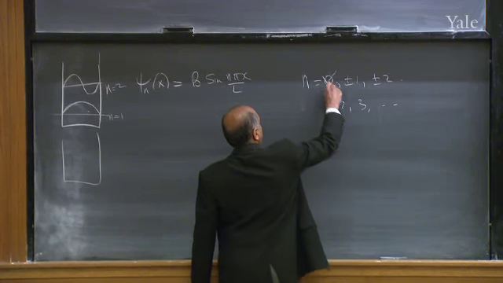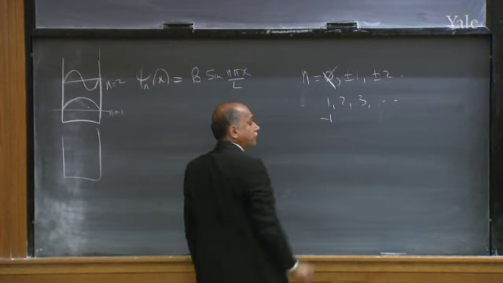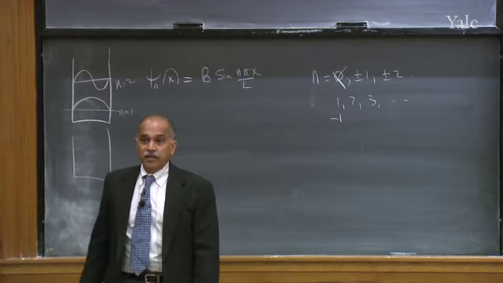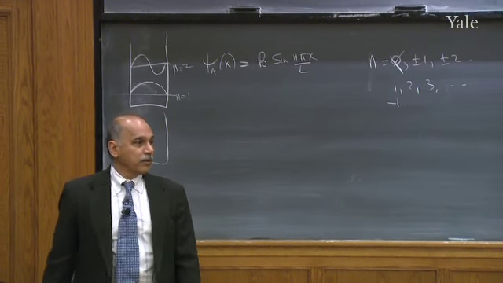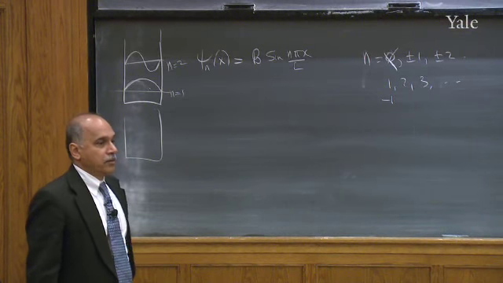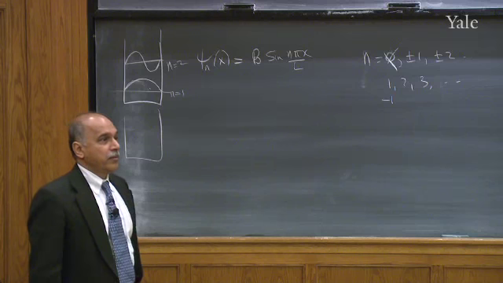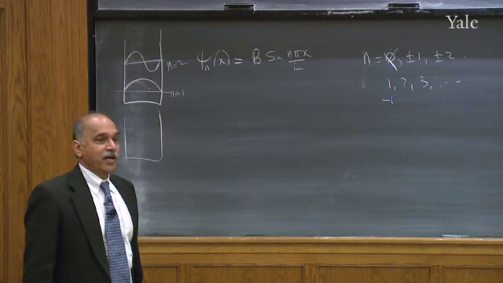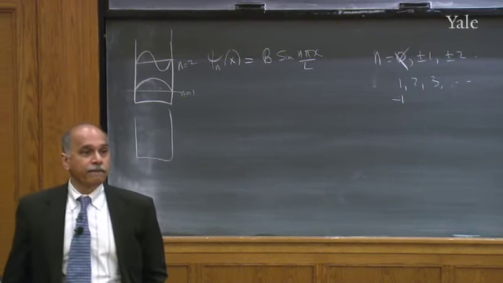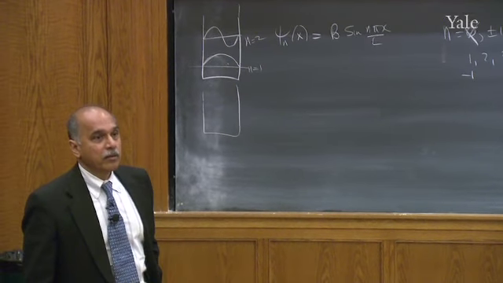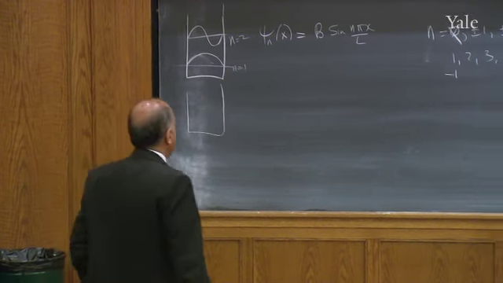But how about n equal to minus 1? Why don't I keep that? Yes? It is the same thing as negative b sine of the positive n. That's correct.